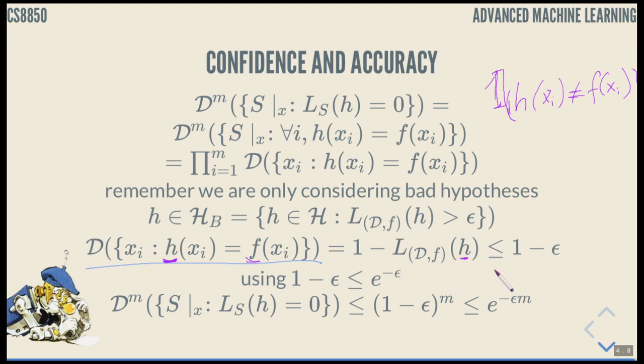But 1 minus the loss is upper bounded by 1 minus epsilon. Look here.